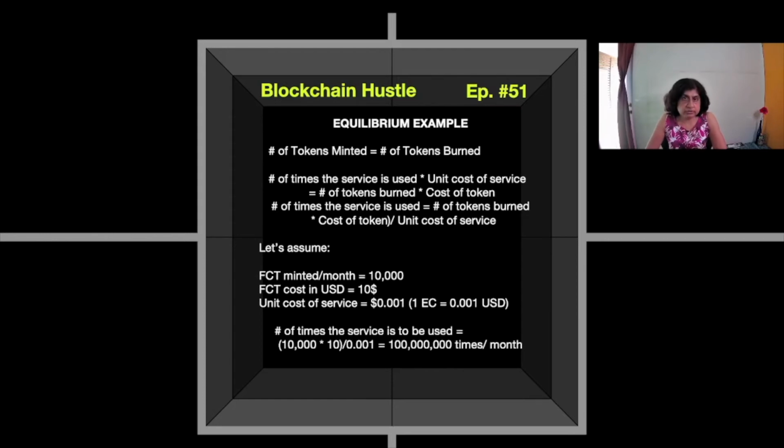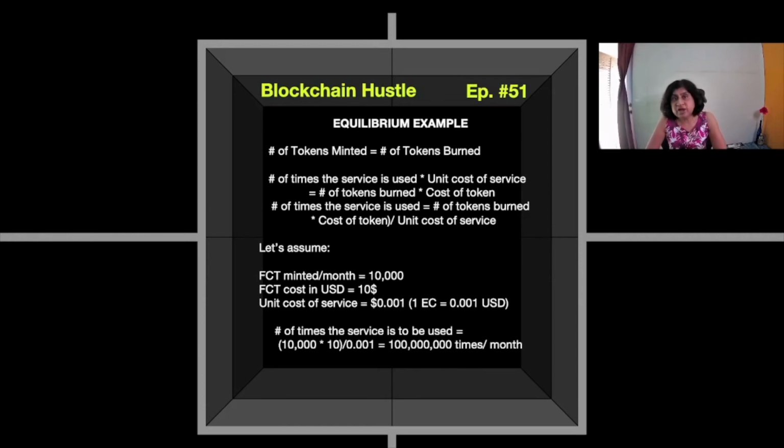So just to put some figures here, let's say we are minting 10,000 factoids per month, and the current price of the factoid on an exchange is $10. The unit cost of the service, which is basically nothing but the entry credit, we know is fixed. It's 0.001 USD.